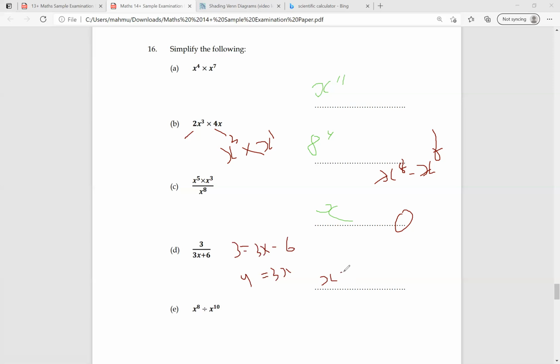No, x is equals 9 over 3. But let me see if I could find the answer for this anyway. 3 divided by, we had 3x, was it plus 6, is it? Yes. X plus 6.